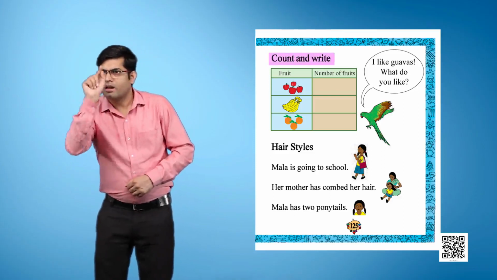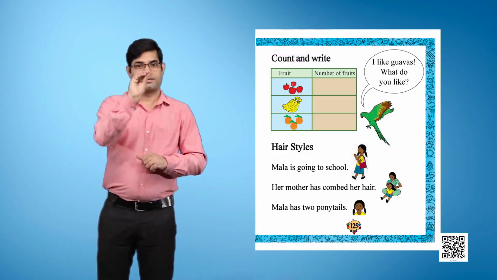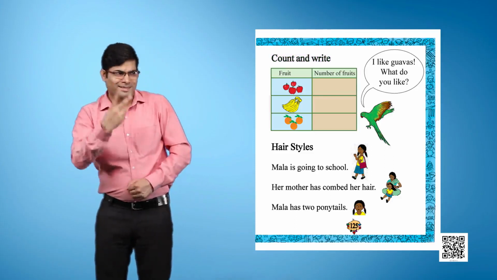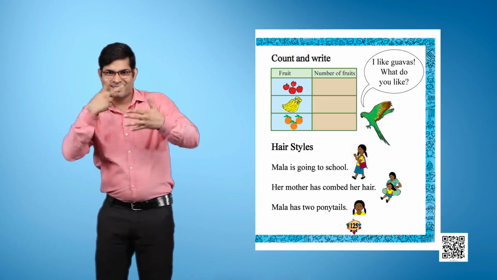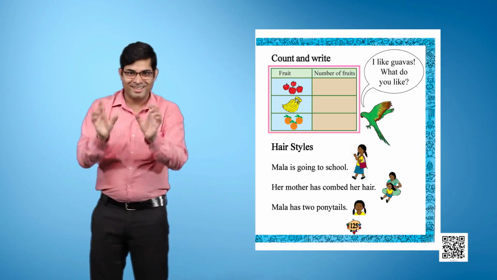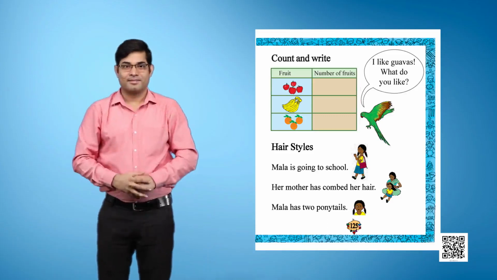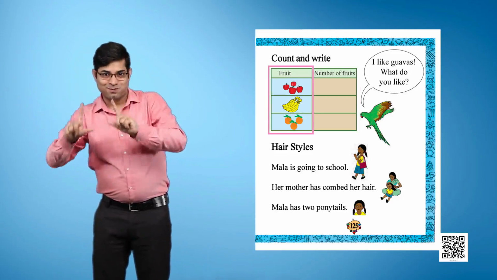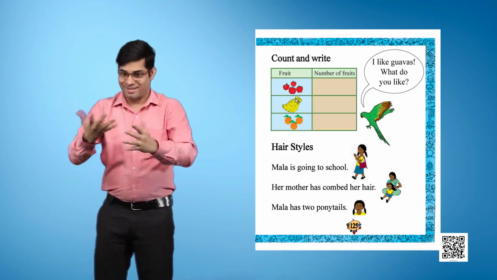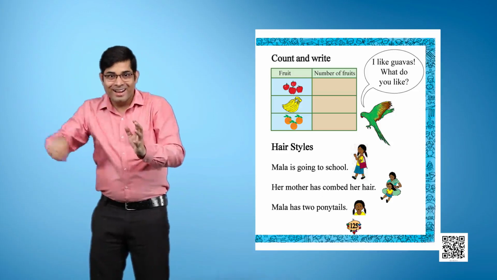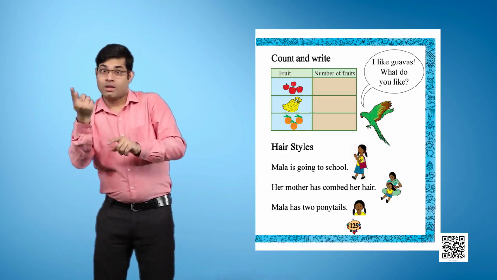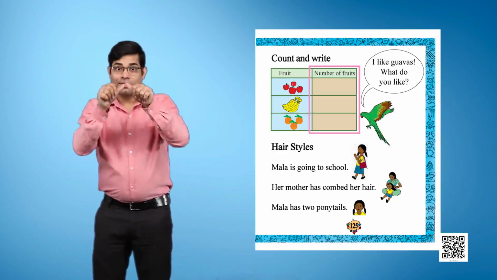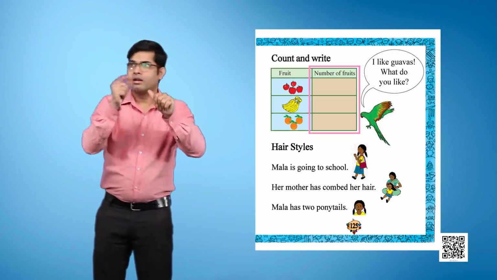Count and write. On left-hand side there is a table of 2 columns and 3 rows. Column 1 presents the pictures of fruits from the fruit seller's basket, and column 2 provides space for writing the number of fruits.